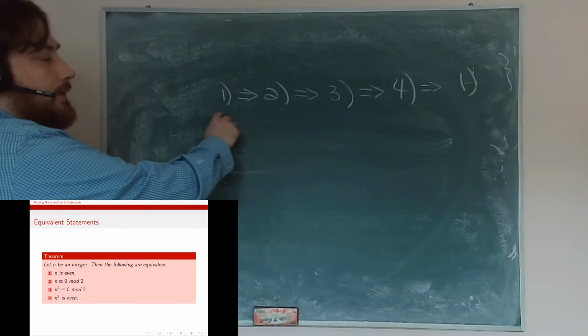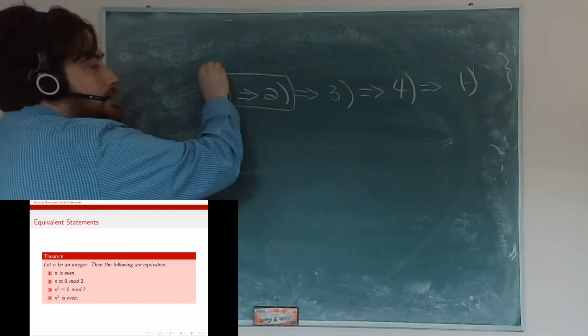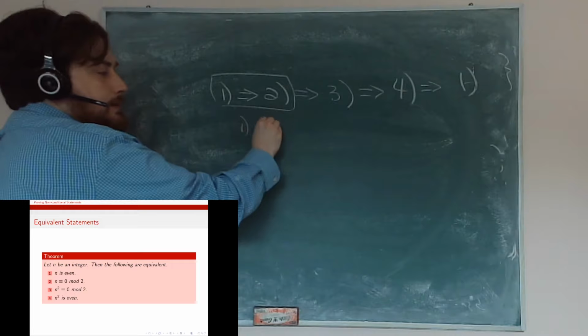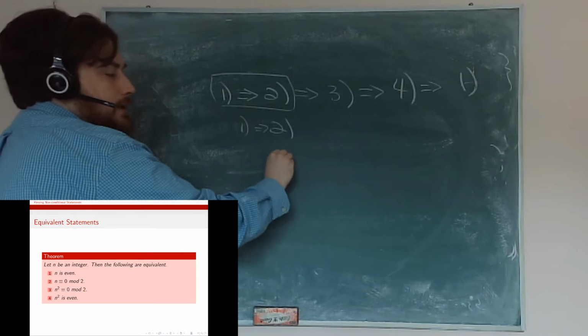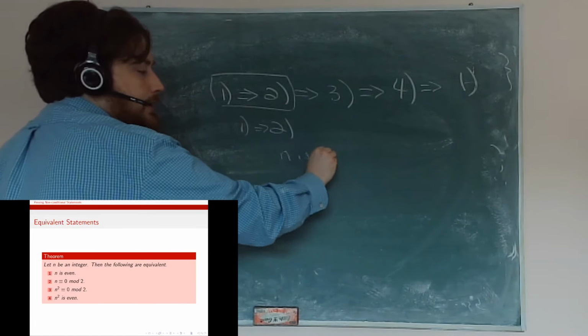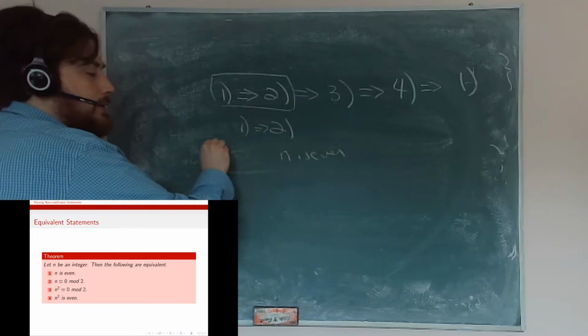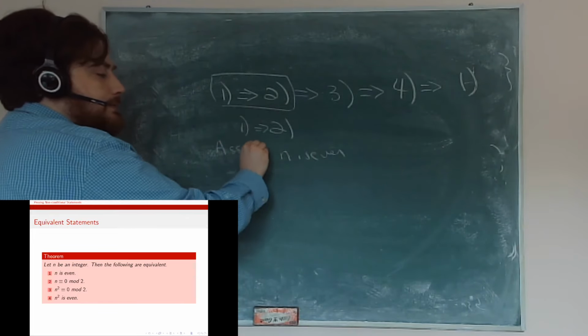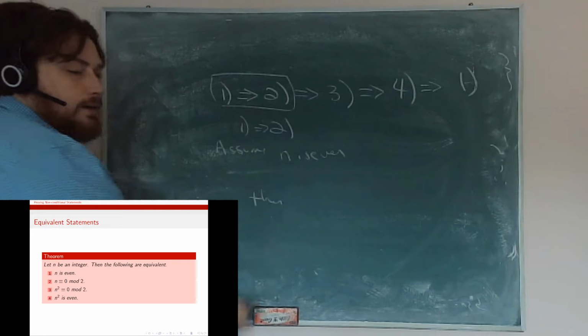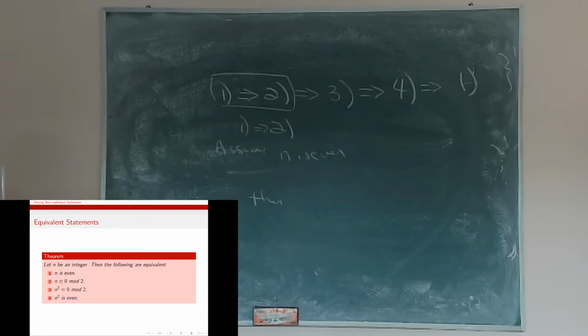So if I have to do 1 implies 2, what I said is n is even. So assume n is even. Then what I have to show is that n is congruent to 0 mod 2.